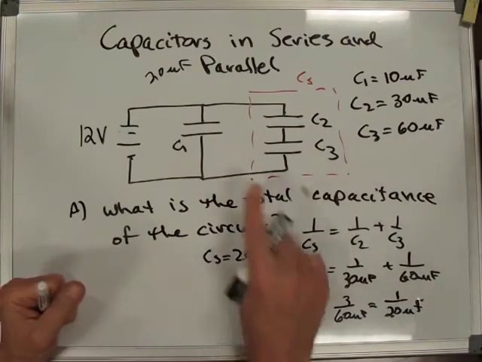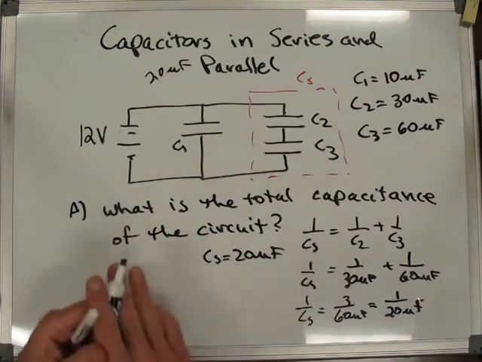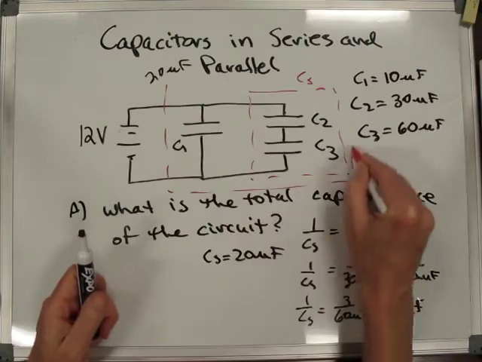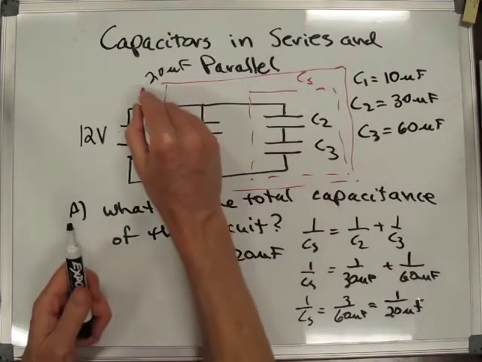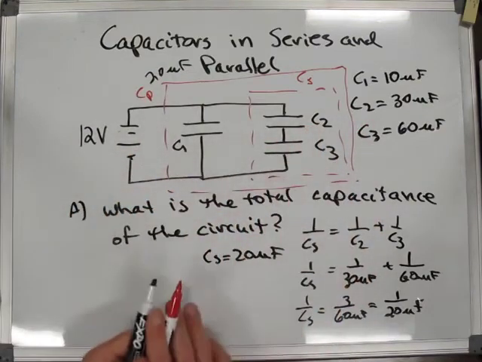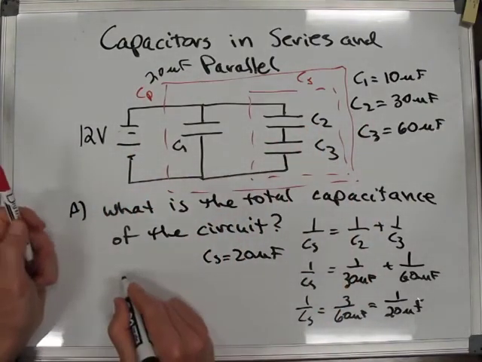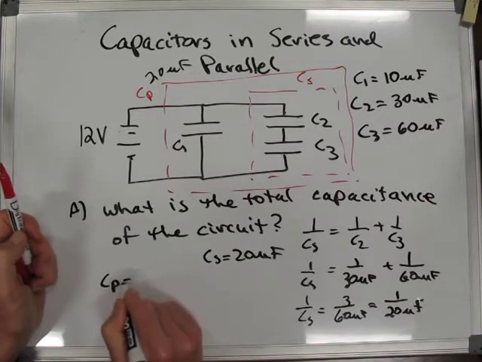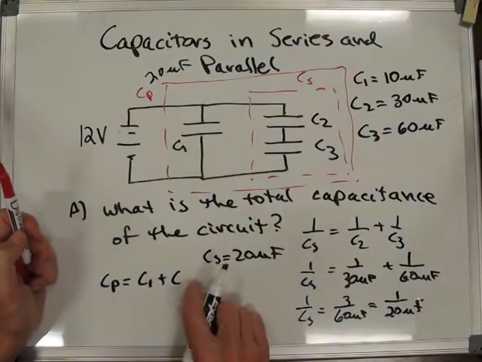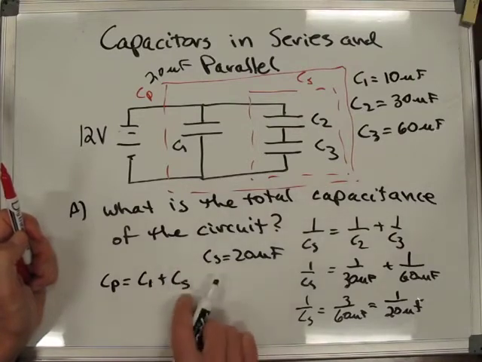I'm not done yet because now these two are in parallel. If my total circuit looks like this, then this I'm going to call C parallel, and it's the combination of C1 and C series in parallel. So C parallel is equal to C1 plus C series, because that's our parallel formula.